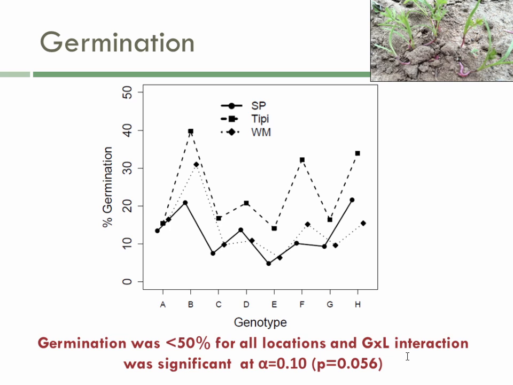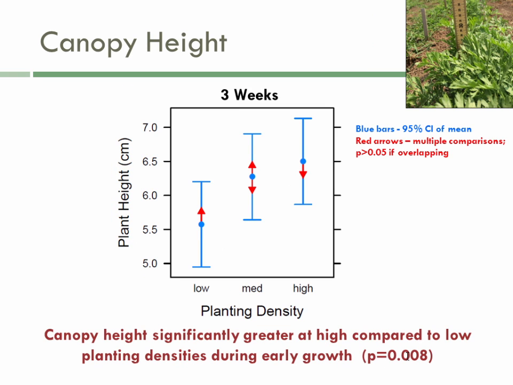Looking at canopy height, I'm showing data from early and late in the season. So 3 weeks after planting, this graph shows different planting densities, so low, medium, and high plant height. And then these blue dots are the estimated means from the model.